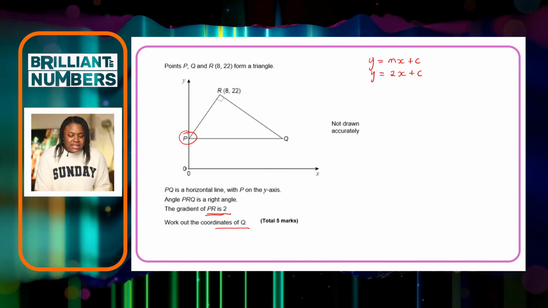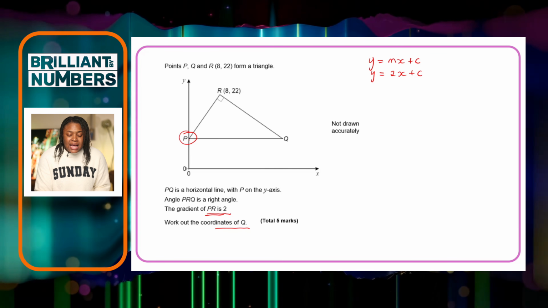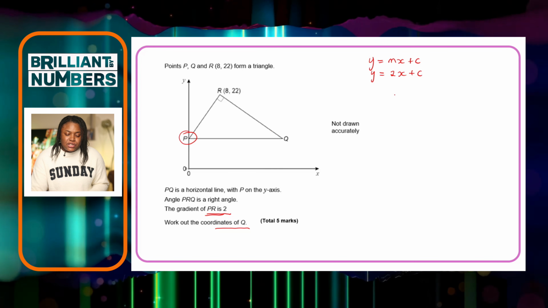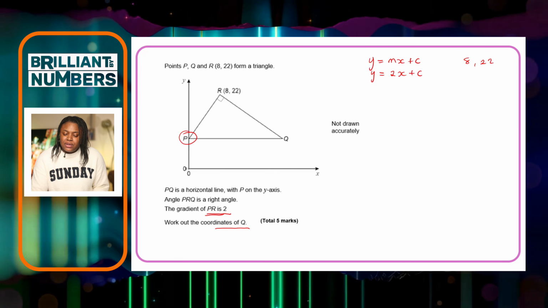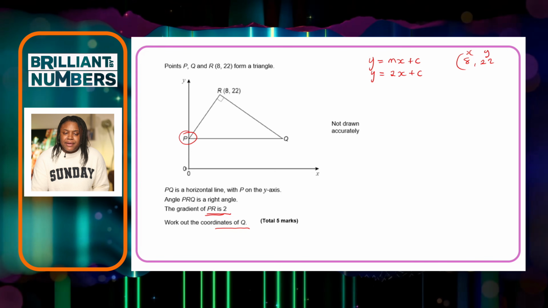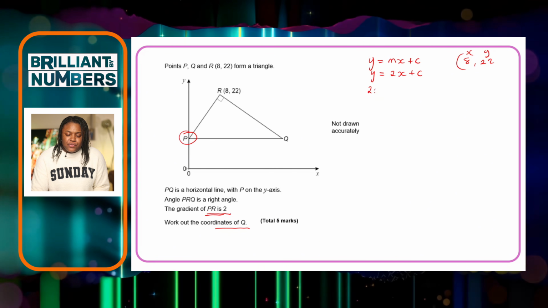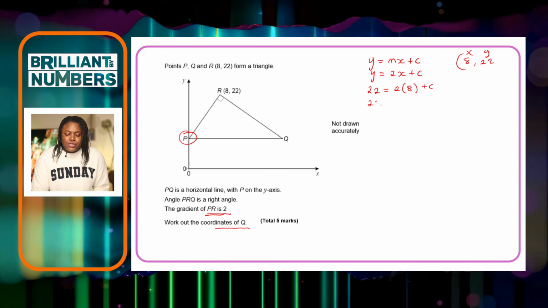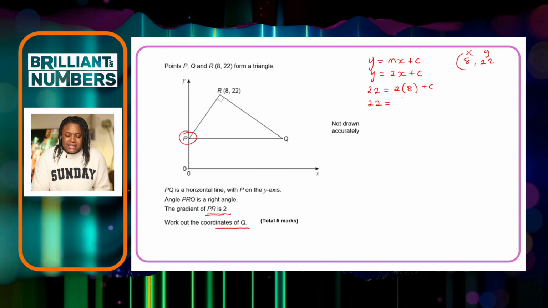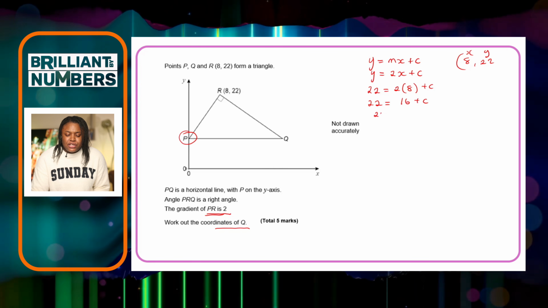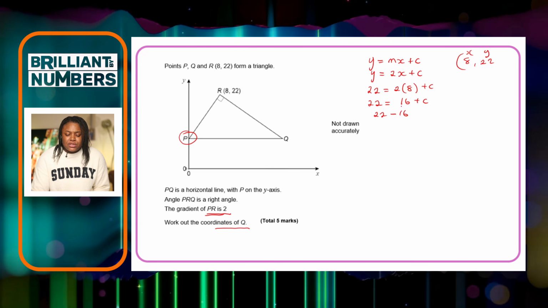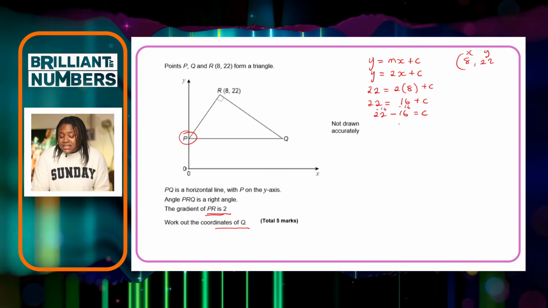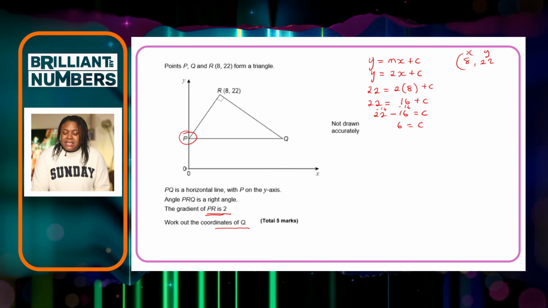If I find c, which is the y-coordinate for P, I will also know the y-coordinate for Q. So let's substitute (8, 22), which is x and y. 22 for y is equal to 2 times 8 plus c. So 22 is equal to 16 plus c. Taking away 16 from both sides, 22 take away 16 is 6. So c is 6.